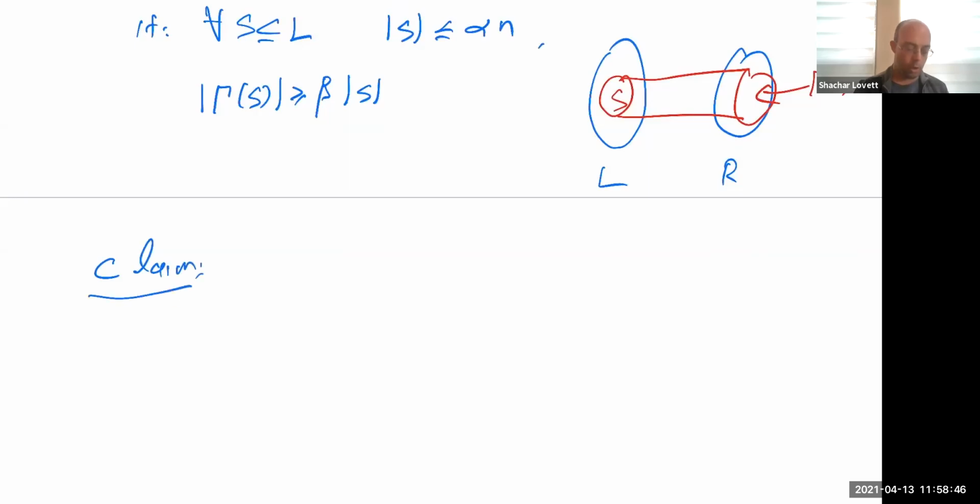Concretely, we're going to use alpha being a half and beta being 1.